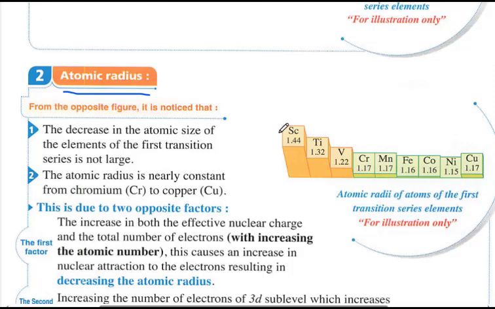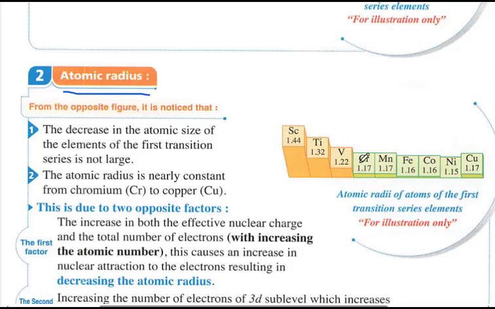So theoretically scandium is higher than titanium as the effective nuclear charge increases from left to right. So in general the atomic radius is supposed to decrease, from scandium to titanium, 1.32, 1.22 in vanadium.